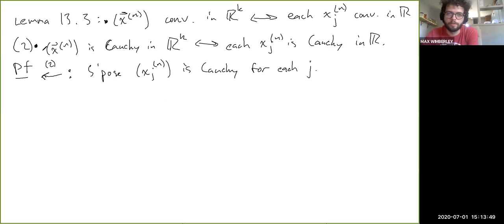Okay, so now we want to prove the reverse direction, where we assume that each coordinate sequence is Cauchy, and then show that the overall sequence is also Cauchy.